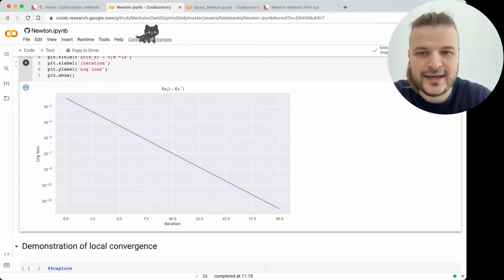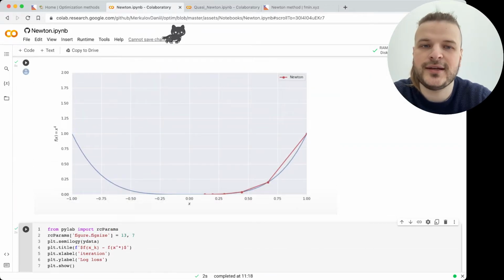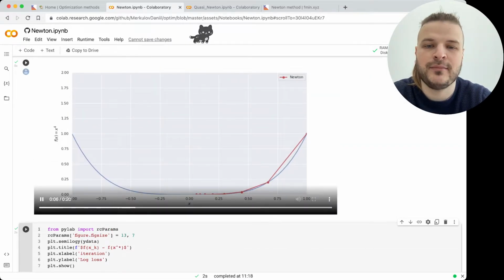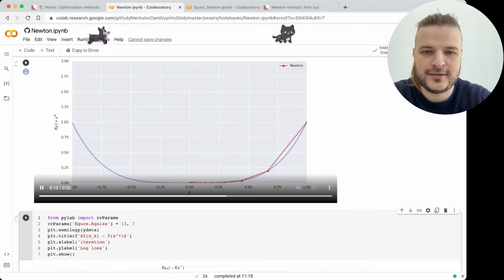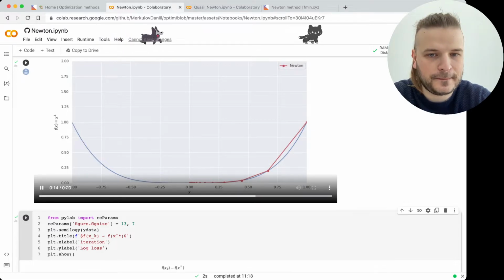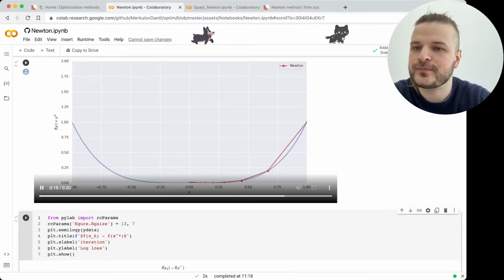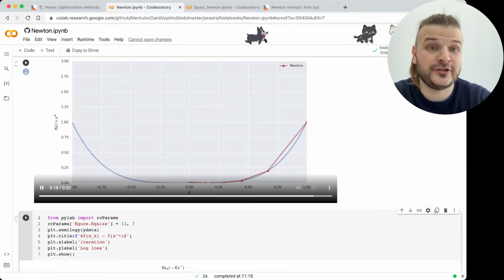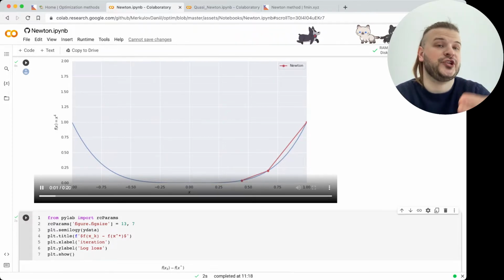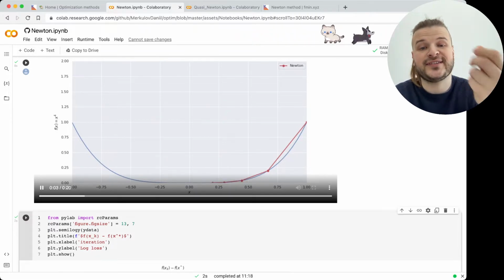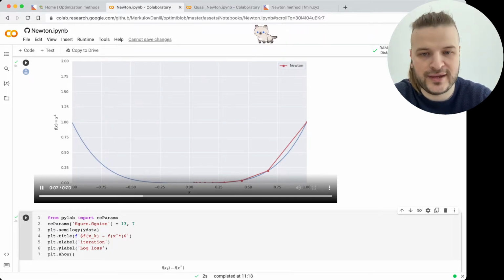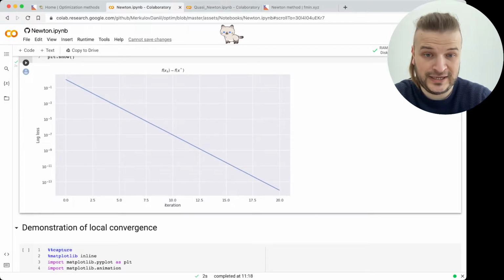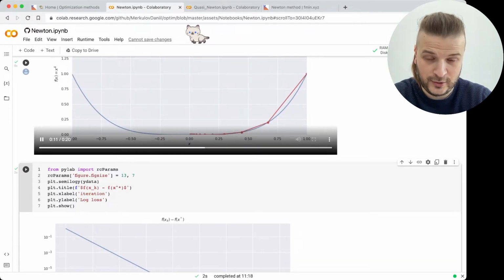And the problem here is that the Hessian becomes more degenerate, and at the very optimum the Hessian is not invertible. Here the Hessian is just a number, and this number goes to 0. We cannot divide by 0. That's the problem with the convergence. It slows down the whole idea here.